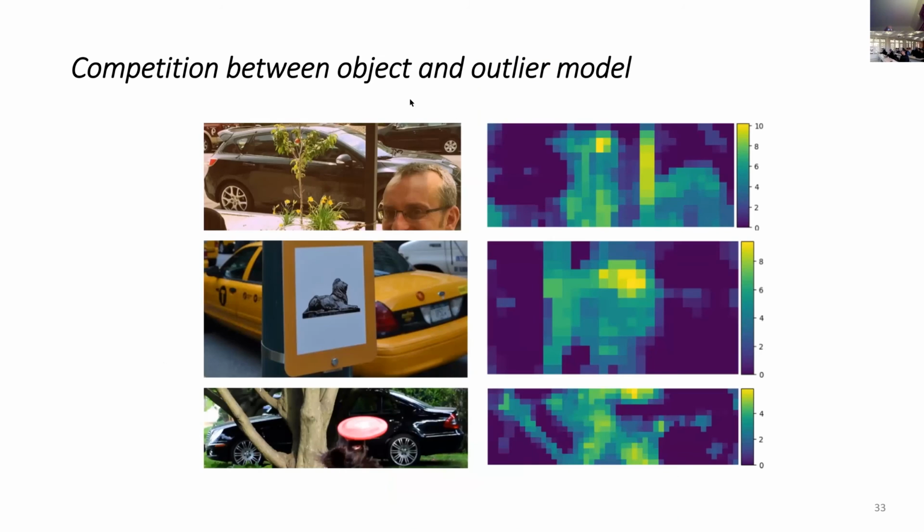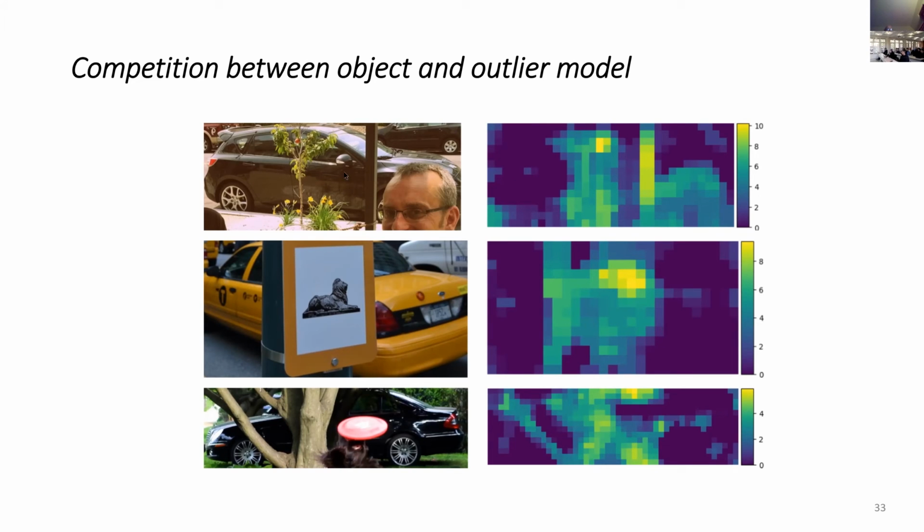And so what happens here, if you take the object with the tree and the bar and the head, is that in this graph dark blue means that the model thinks the pixels here are generated by the car model seen from the side, and the yellow and the green means that they're generated by the outlier process, i.e. they are occluders.